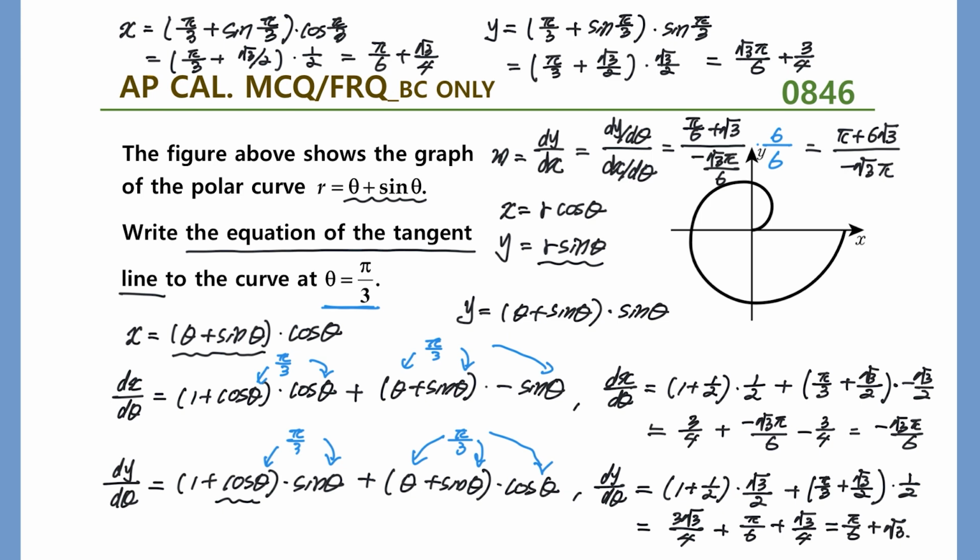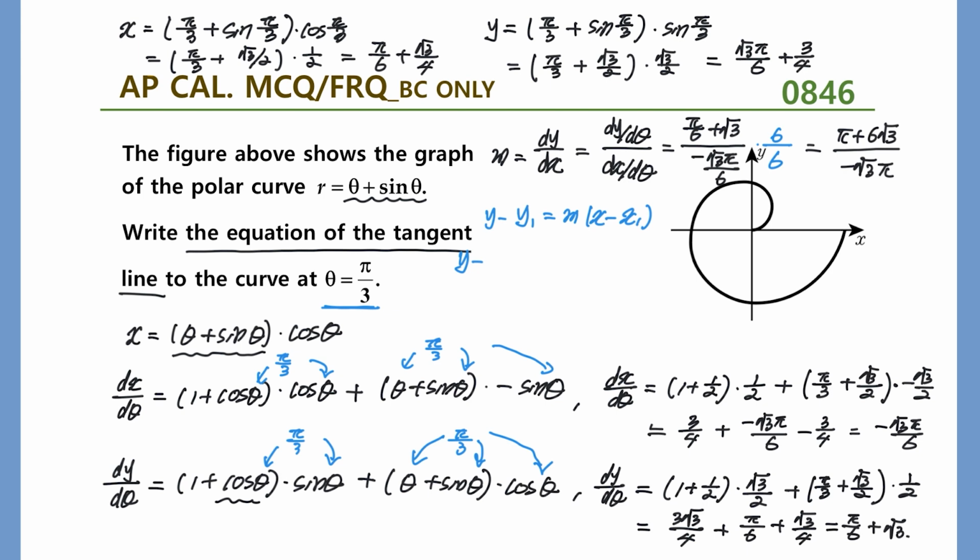So finally, our equation of the tangent line is, let's make some space right here. Y minus y1 is equal to slope m times x minus x1. That's the equation of the line. So y minus the y coordinate, which is right here, root 3 pi over, not 4, 6 plus 3 over 4, is equal to slope m.